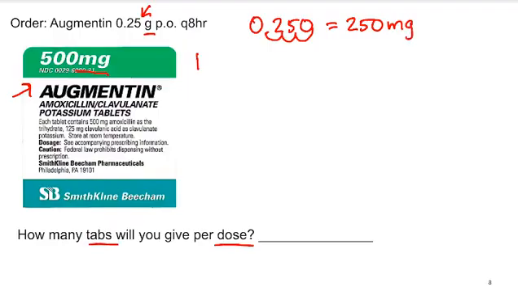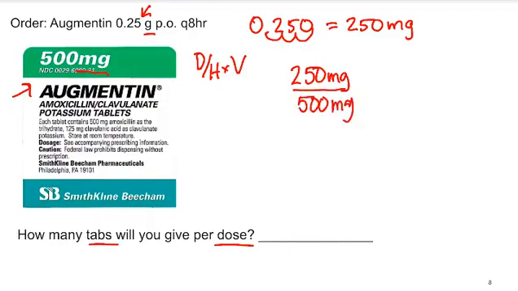And I know I'm going to be using my D over H times V formula here. So my D, my doctor's order, we just calculated, is 250 milligrams. What do I have? Let's see, I have 500 milligrams, and I have to look a little bit more because I don't really see it quickly. And then I read in my label, each tablet contains 500 milligrams of Amox.